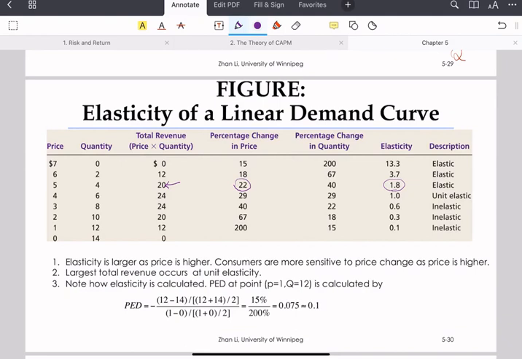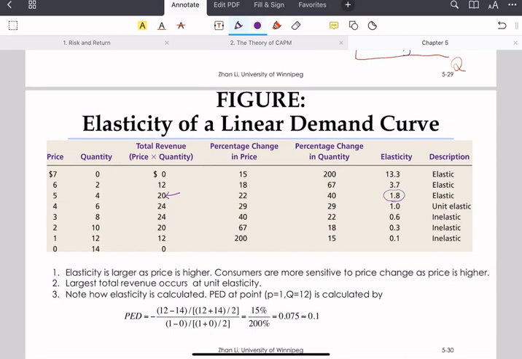So how do you get this number? Well, basically the price here is 5, right? So how do you get this 22%? Let's say we are increasing our price. In this case, we are looking at 4 and 5. So the change in price is given by 5 minus 4 divided by the middle point, which gives 22%.